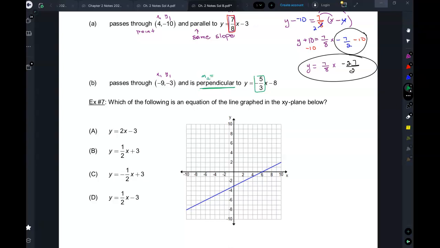The opposite, which will be how much? Positive 3 over 5. Okay? So it'll be y plus 3 equals 3 over 5, x plus 9. And then you would have to simplify like we did. Okay? Questions?